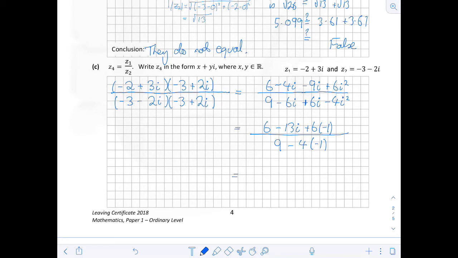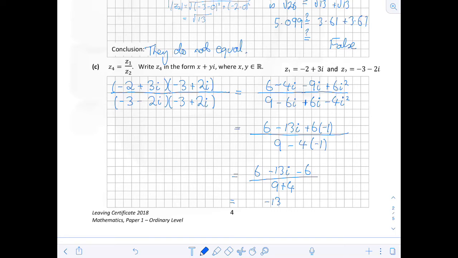So that's now going to equal minus 13i, 6 minus 6, all over 9 plus 4. So that's going to equal minus 13.